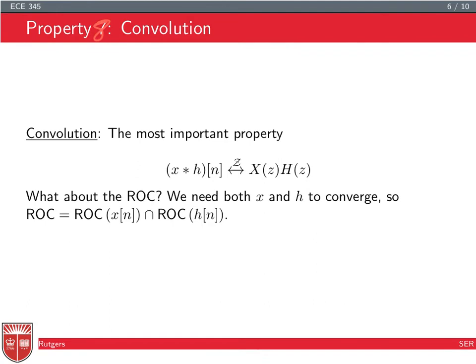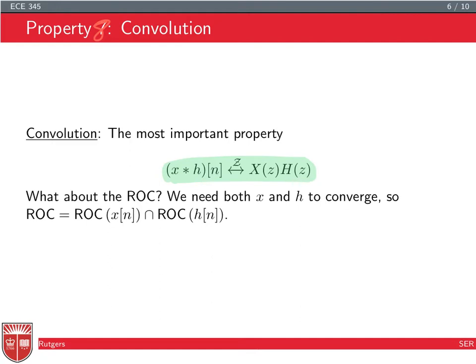So we know that the z transform of the convolution is the product of the z transforms. So again, this is super important: the convolution in the time domain is equivalent to simple product in the z domain.